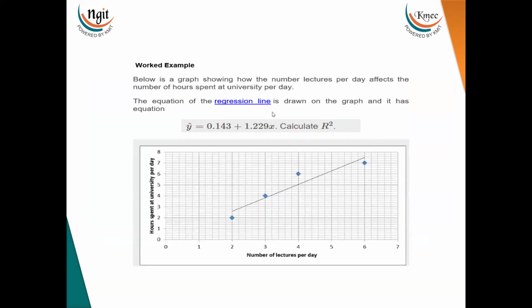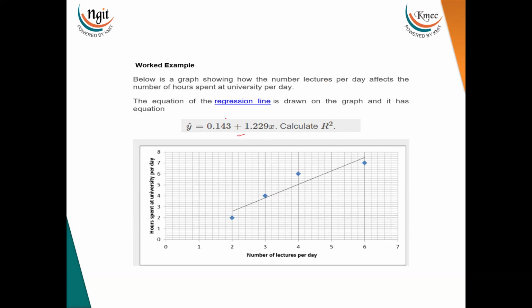Now, let us solve this one worked example. Below is the graph showing how the number of lectures per day affects the number of hours spent at university per day. The equation of the regression line is already drawn on the graph, and the equation is already defined here.